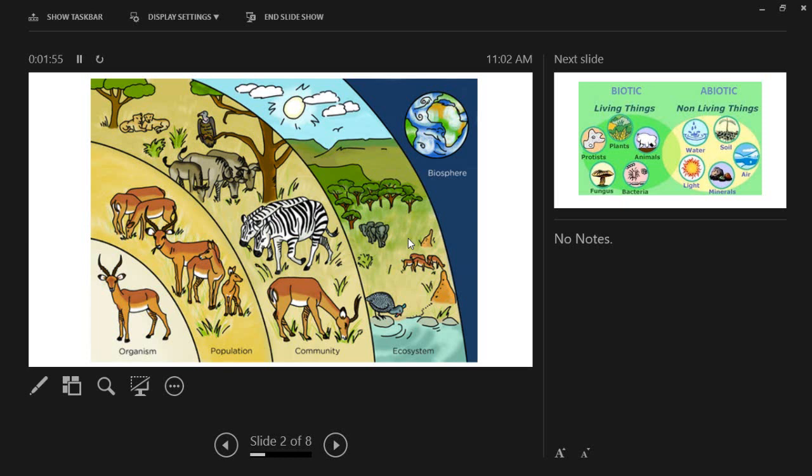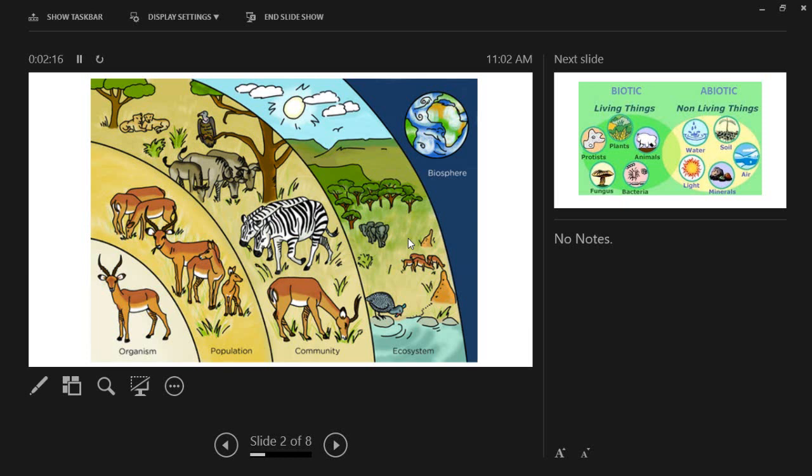And then we have all these communities that make up the ecosystem. Okay? An ecosystem, look on your paper, I'm going through those definitions. The ecosystem is going to be the living and the non-living things and how they go together.